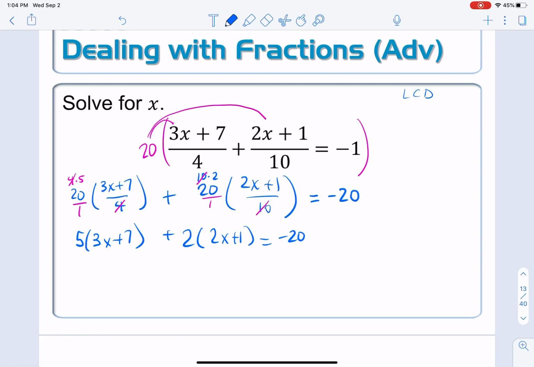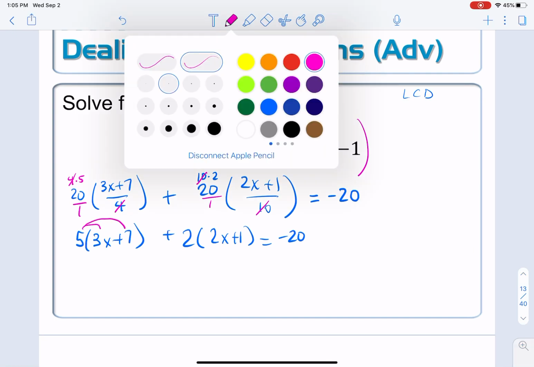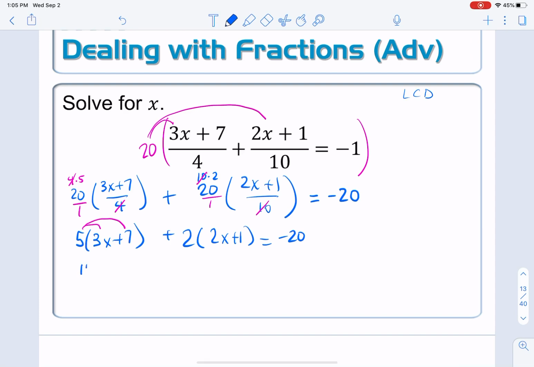Very simple equation to solve. I do have some distributive property that we will have to do, which is not as big of an issue now without the fractions. So I'll distribute the 5 to that first set, 15x plus 35, and then distribute the 2 on the second one here, plus 4x plus 2 is equal to -20.